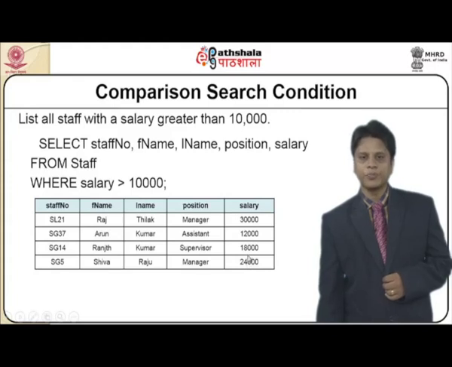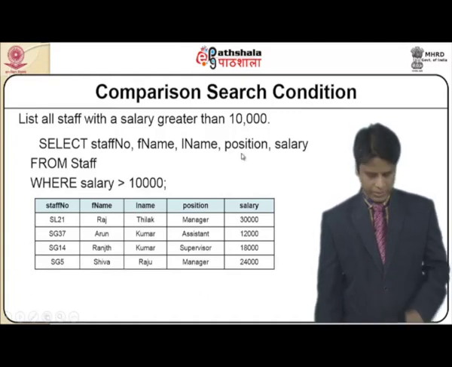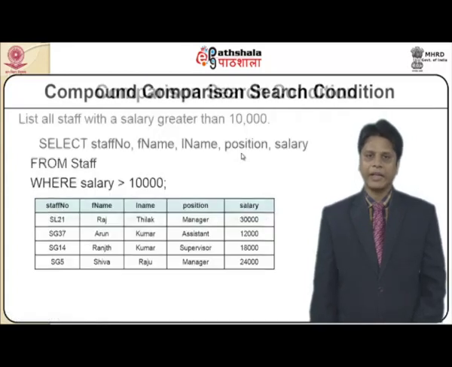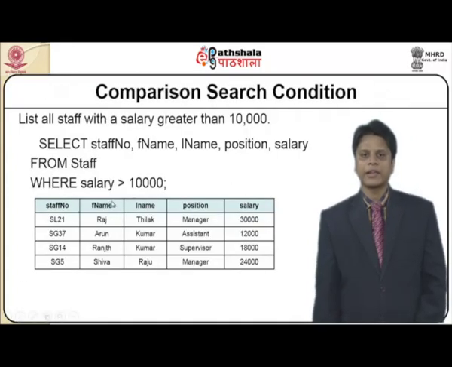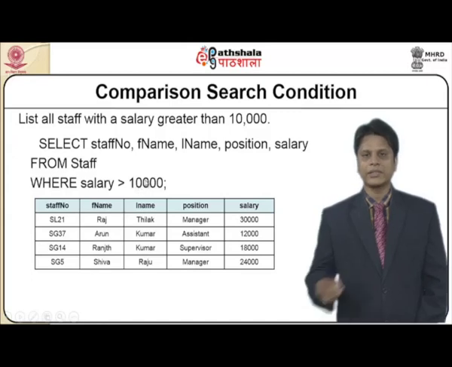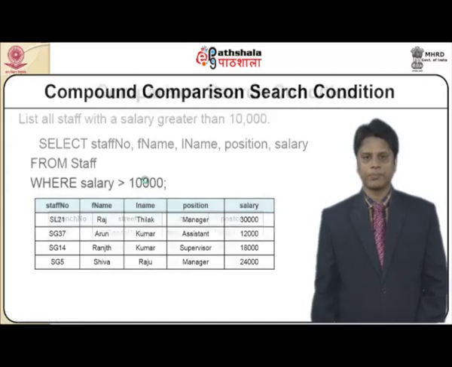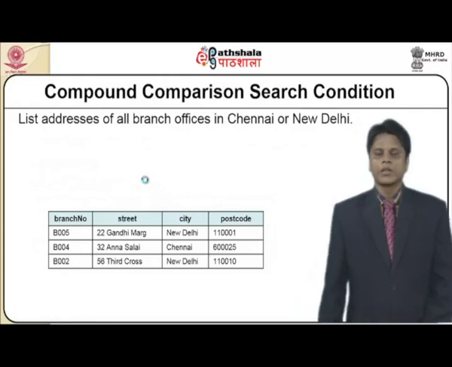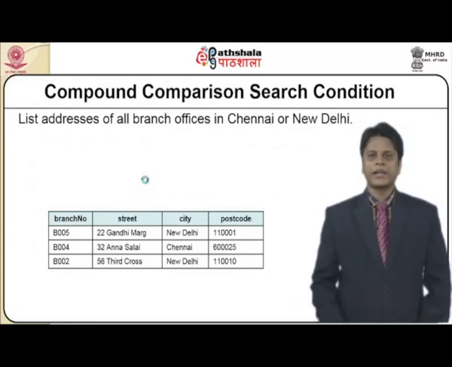Anything that is more than 10,000 alone is presented here, for which all the individual records with a complete list of columns are taken. So we may indicate a comparison operator as greater than or equal to, less than or equal to, or salary equal to 10,000. So all these operators can be checked. So that was a simple comparison condition.